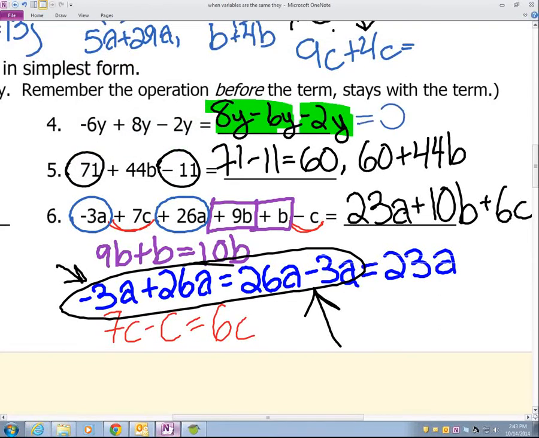So the answer is 0. Because if you have 8 yams, someone takes 6 yams from you, you have 2 left. Someone else takes 2 yams from you, you have no yams. So the answer is 0. Yes? Mm-hmm. You have that laid out correct. That is correct. Yep, keep going.